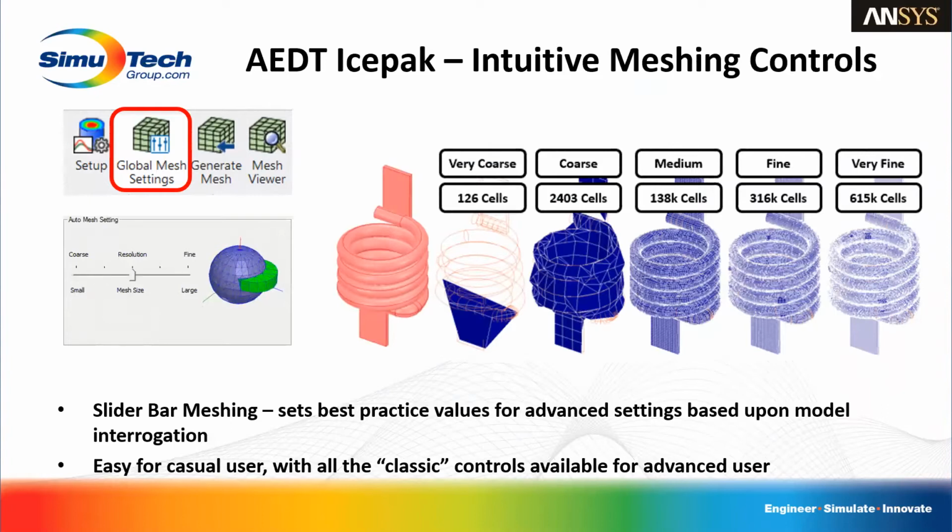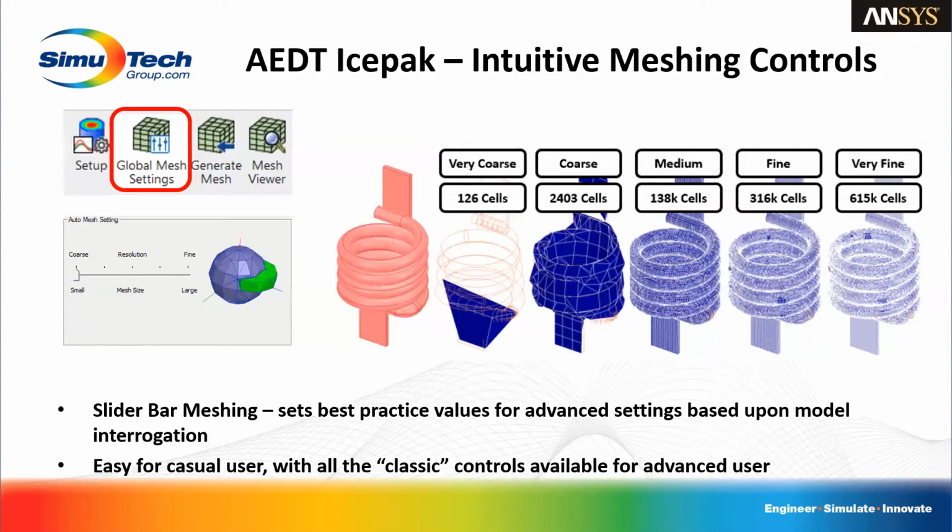It's a 5-setting mesher selection. I'll demo that in a little while, but you can see if we have a coil object here, obviously some of the mesh settings don't make sense. You want to find the proper setting for the model at hand, and you can see how the different settings will capture or not capture the geometry.